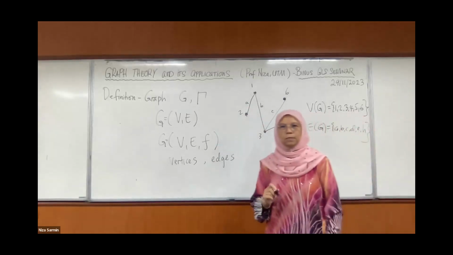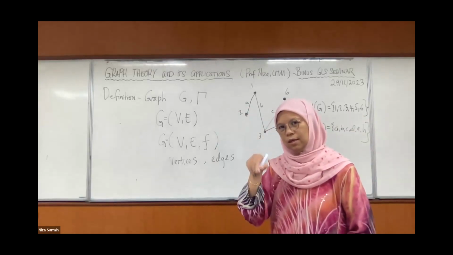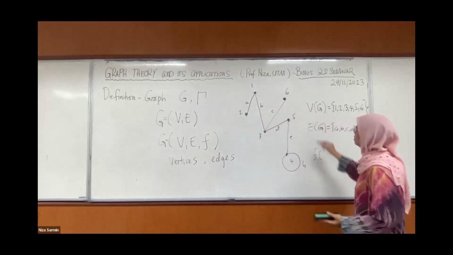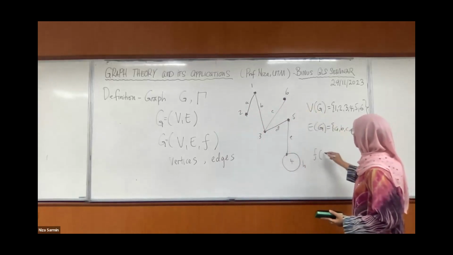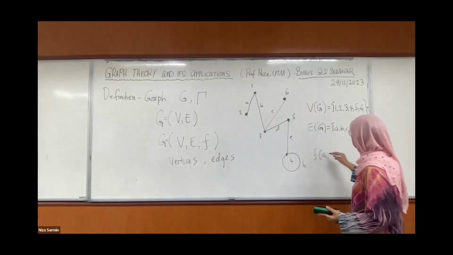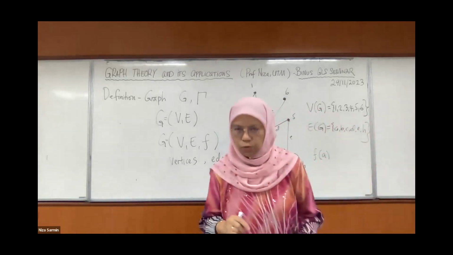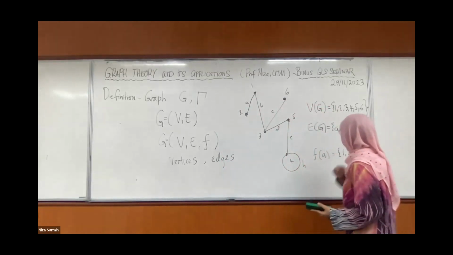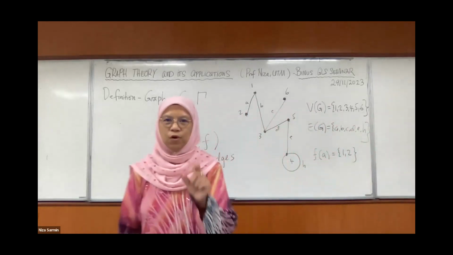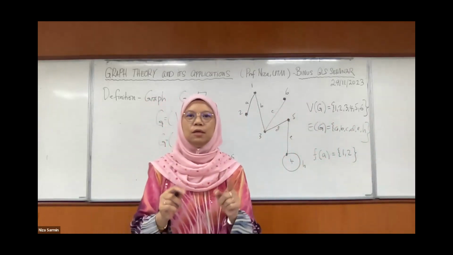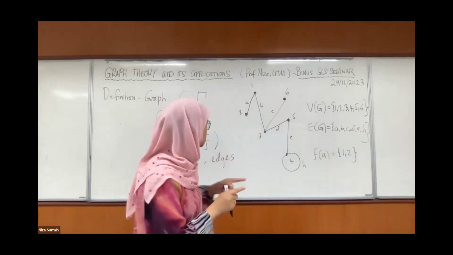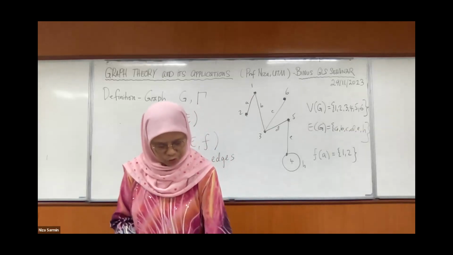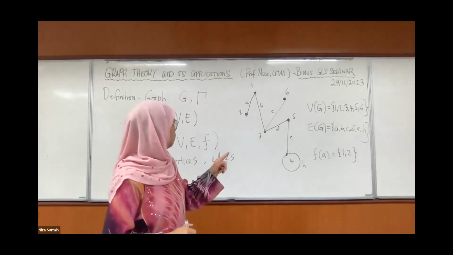And sometimes we write the function, this F, like this, for the edges, in which the function of an edge is to put the vertices together. So for A, there's 1 and 2.